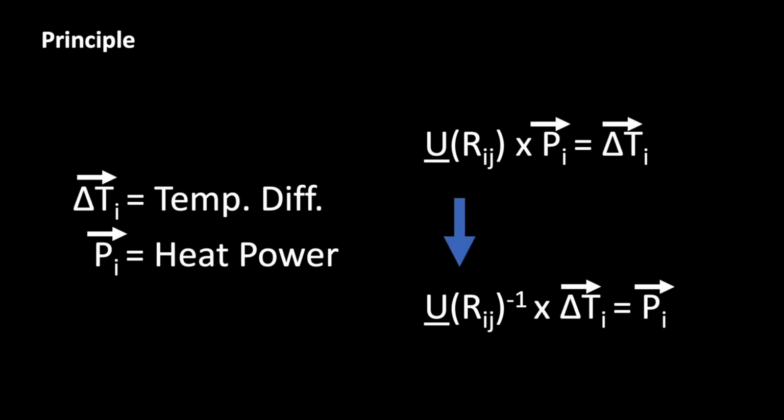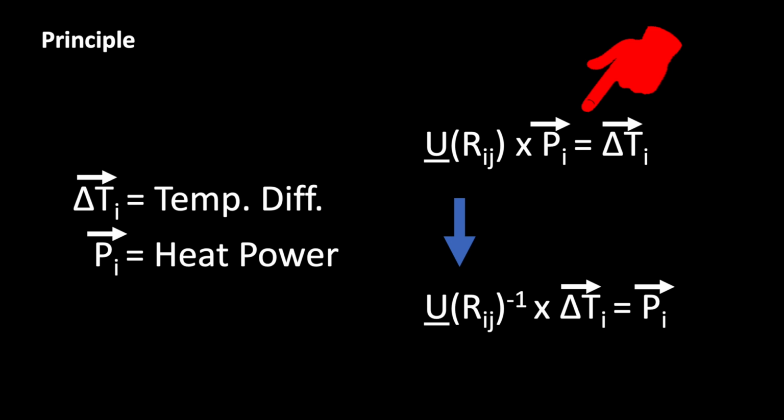Mathematically, we can represent the relationship between the heat flows Pi and the temperature differences delta T using a matrix U of thermal resistances Rij.